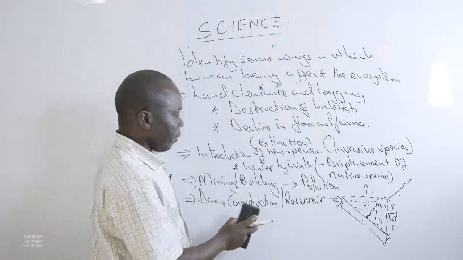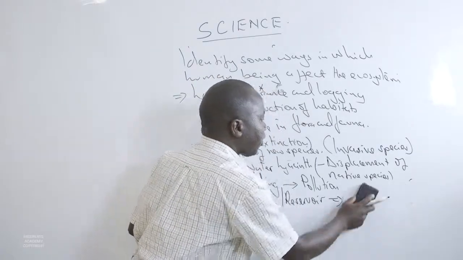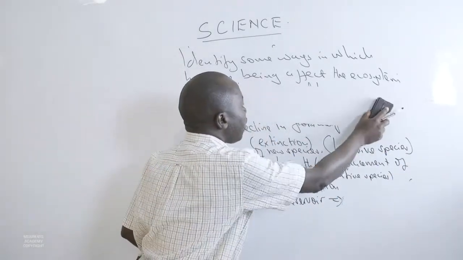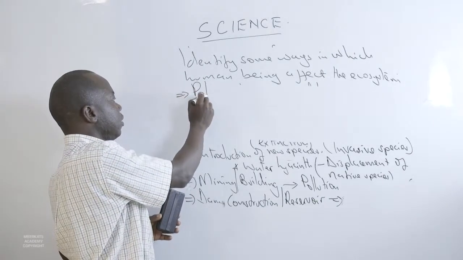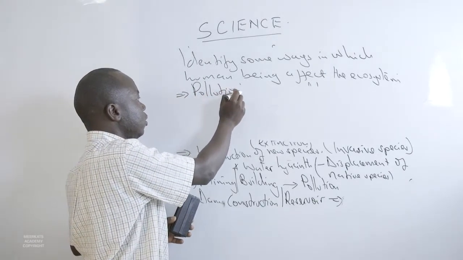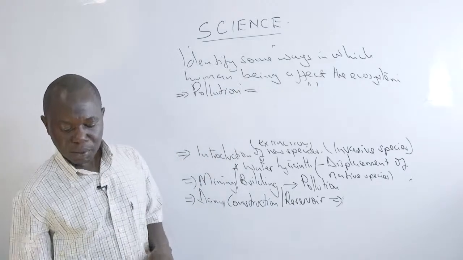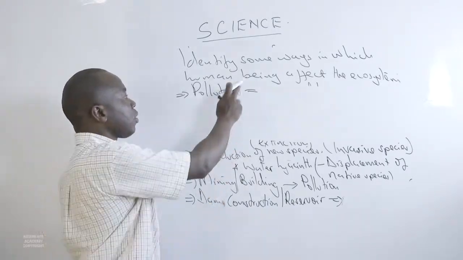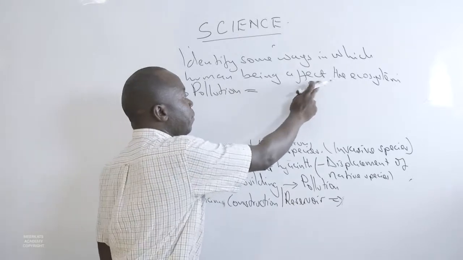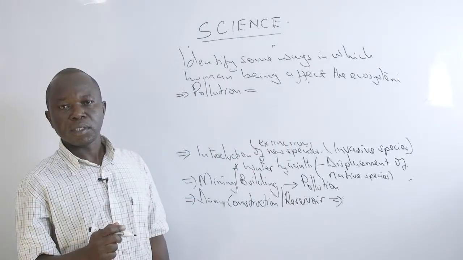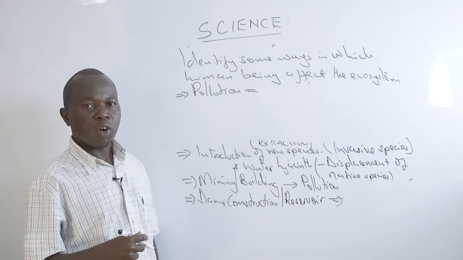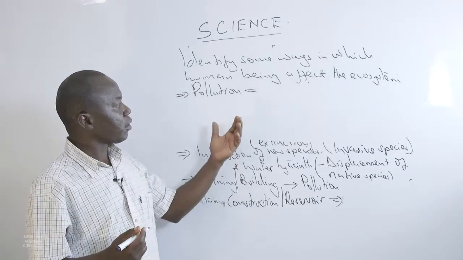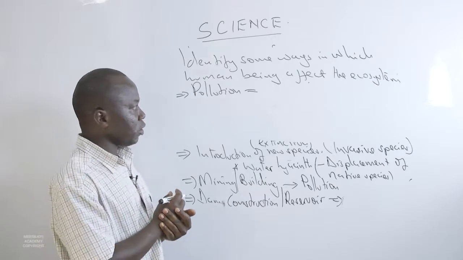We can name several, even pollution itself, deliberate pollution. This is very common in developing countries where mostly fossil fuels are used to either drive machines or fossil fuel is the major source of energy.